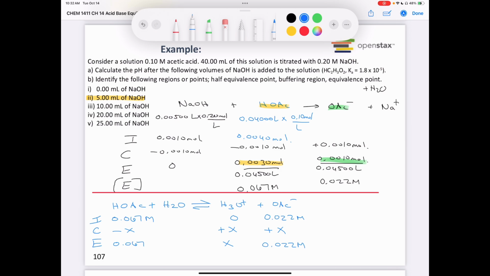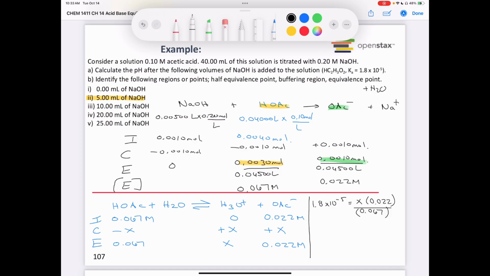So now, in order to calculate the x value to get my concentration of hydronium, I'm going to use my Ka value, and I'm really running out of space here. My Ka value, which is 1.8 times 10 to the negative 5, is going to be equal to x multiplied by 0.022 divided by 0.067.